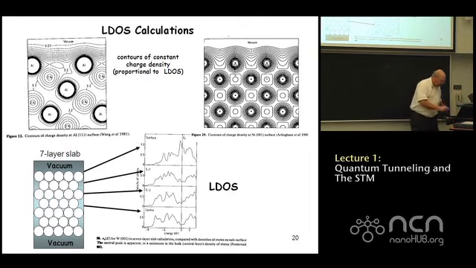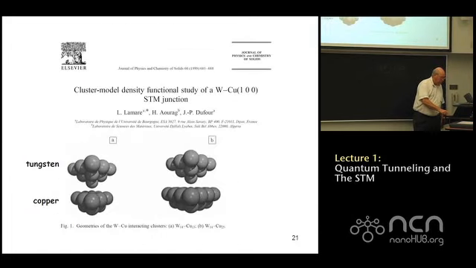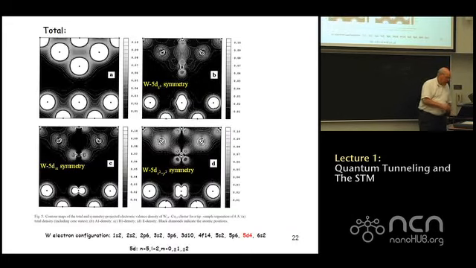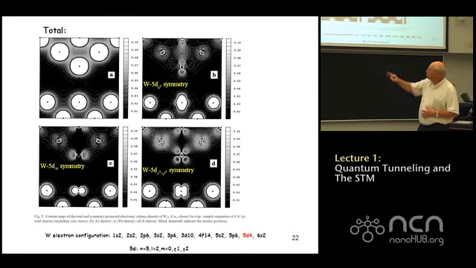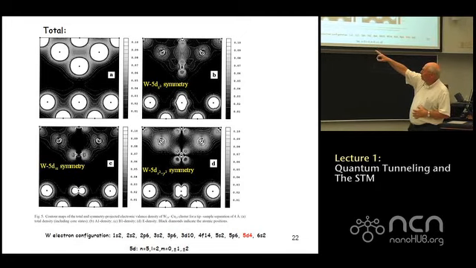All right, so I'll show you various papers that I picked out of the literature. This one is particularly nice because it shows you a tungsten tip above a substrate, and then it considers the atomic wave functions of the lead atom on the tungsten tip, with different symmetry wave functions for those electrons.